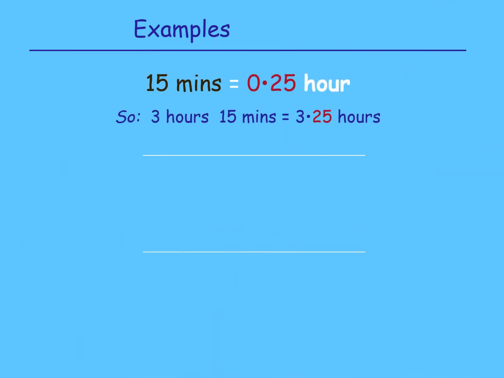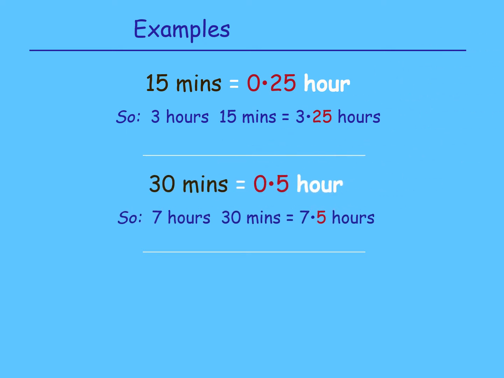Example, 15 minutes is equivalent to 0.25 hour. How did we get 0.25? We have 15 minutes divided by 60. So, 3 hours and 15 minutes is equivalent to 3.25 hours. 30 minutes is equivalent to 0.5 hour.